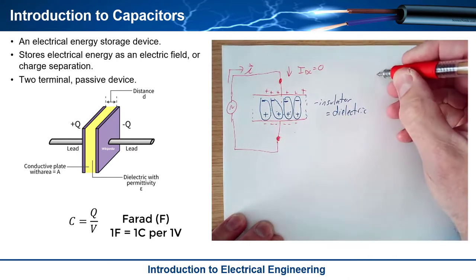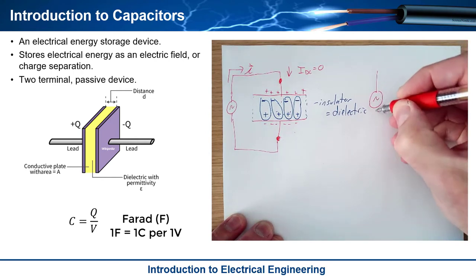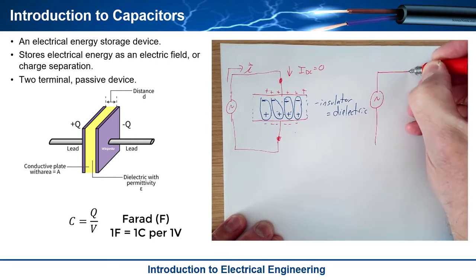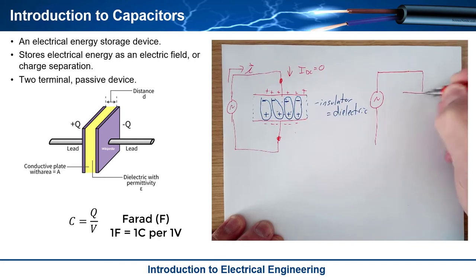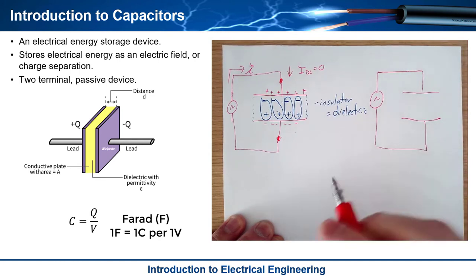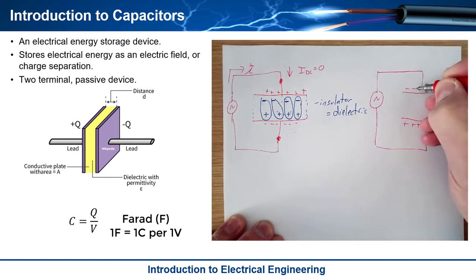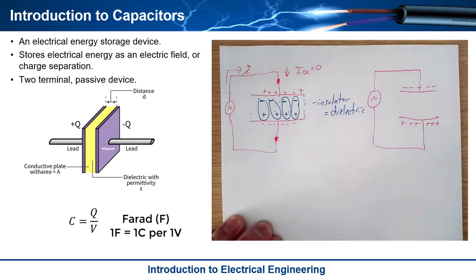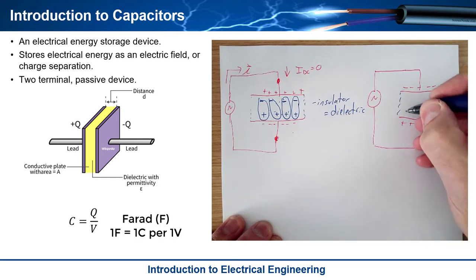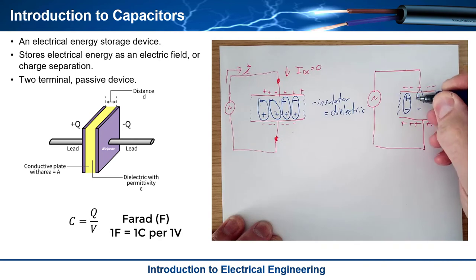If I drew the same circuit over here with the same exact capacitor, but charged it up the other way, with my plus down here and my negative up there, the material would be polarized the other way. You'd have a plus and a minus right here, and right here, and right here.